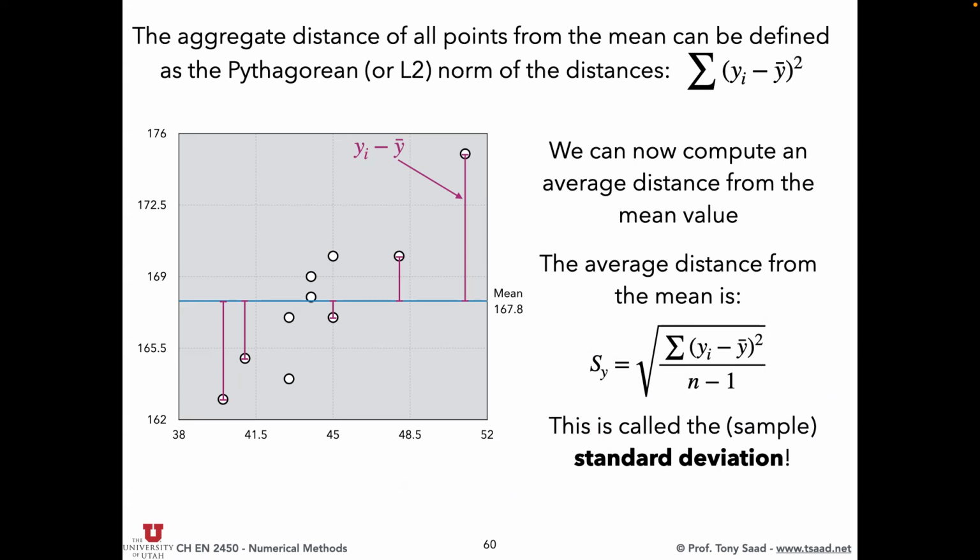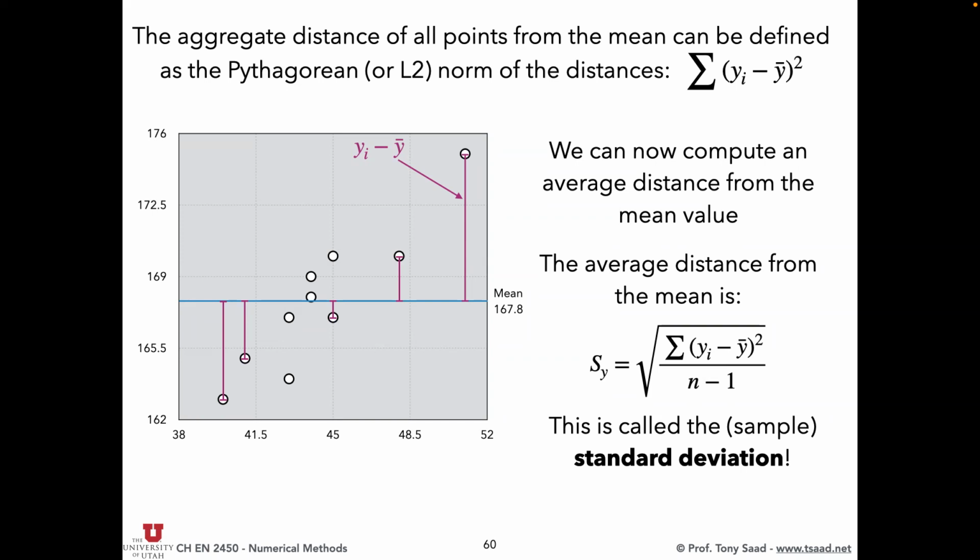How far is the data away from the mean? The mean is very important because it is the simplest piece of information about some sample. We always hold it to the highest standard. We're going to do everything with respect to the mean. So the standard deviation is the distance from the mean.